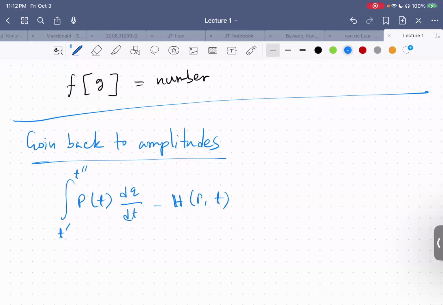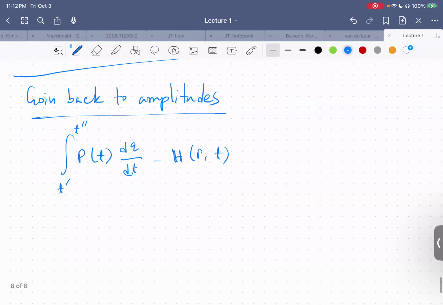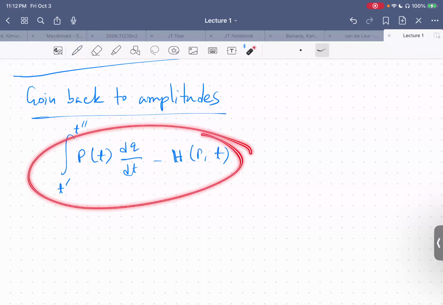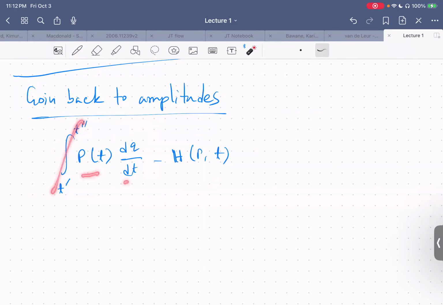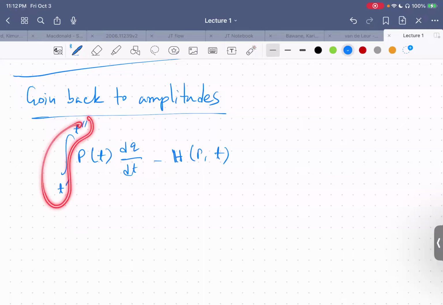But for now, let me just say that if you extremize this with respect to P, so if you didn't have this integration, if there were ordinary variables, then what would you do? You would just say that, okay, this is linear, so you take the derivative, you just get dq/dt. And from here, you just get the derivative of H with respect to P, whatever that is. You will now say exactly the same, only you will remove this integration.